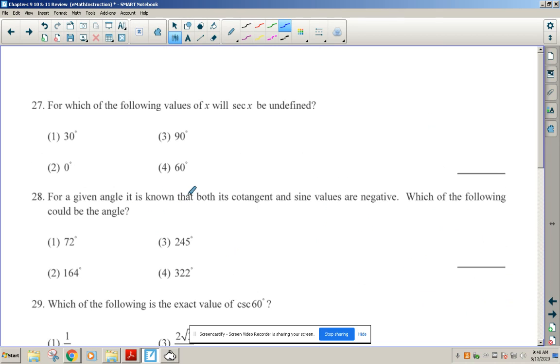28. For an angle, it is shown that both its cotangent and sine values are negative. If cotangent is negative, that means tangent is negative. And if sine is negative, its cosecant is negative. So going back to lesson 3, all students take calculus.